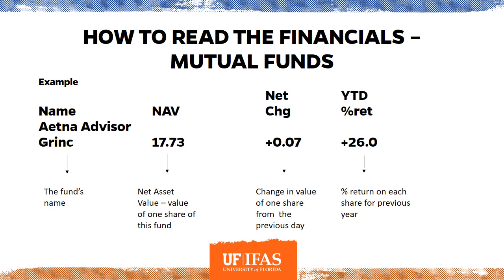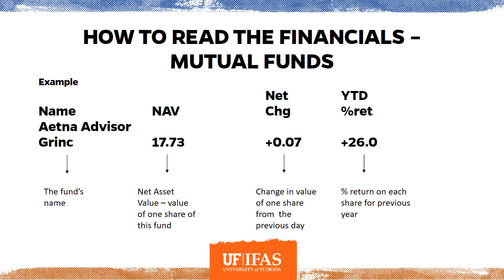So for example purposes, we're looking at the Aetna Advisor mutual fund. And then you'll see the net asset value, the cost, the actual value of one share of this mutual fund is $17.73, which you'll see is actually an increase of 7 cents over the last day.